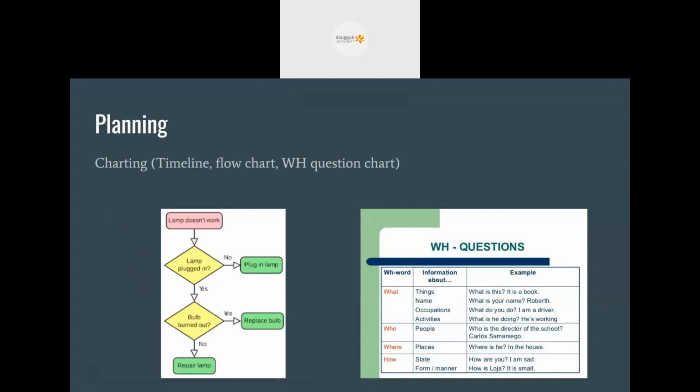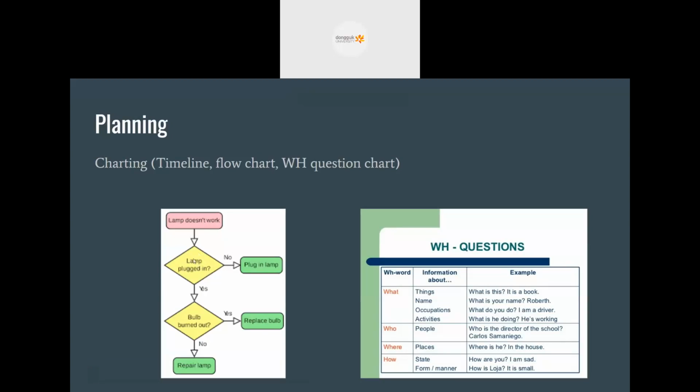You could do a timeline. I'll show you an example of a timeline in just a minute, but here you have a flow chart. I'm sure you have seen your professors or teachers show a flow chart. For example, say you have this problem here, your lamp doesn't work. The flow chart shows steps that you would take.